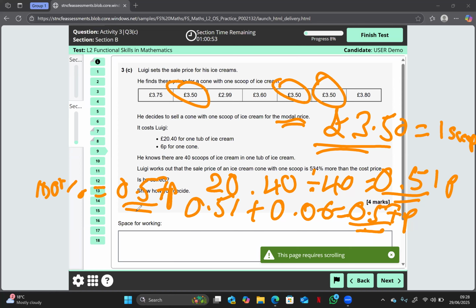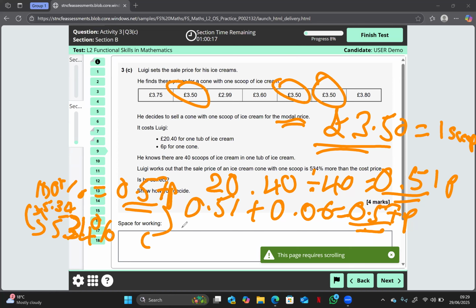So we know that 500% will equal 5 times that. All we need to do is work out what 534% is. To get that, we just multiply by 5.34. So we multiply 100% by 5.34.